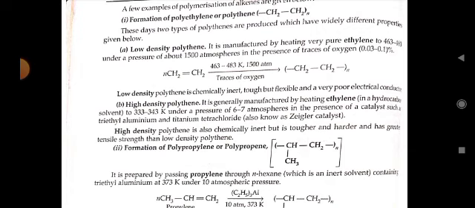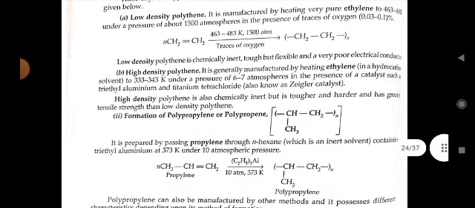First, low density polyethene. It is manufactured by heating very pure ethylene at 463 to 483 Kelvin under a pressure of 1500 atmospheres in the presence of traces of oxygen. Low density polyethylene is chemically inert, tough but flexible, and a very poor electrical conductor. Then high density polyethylene.